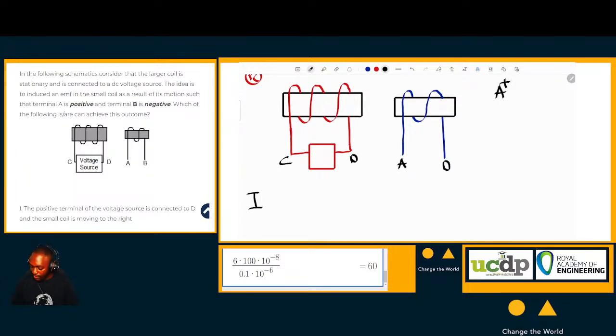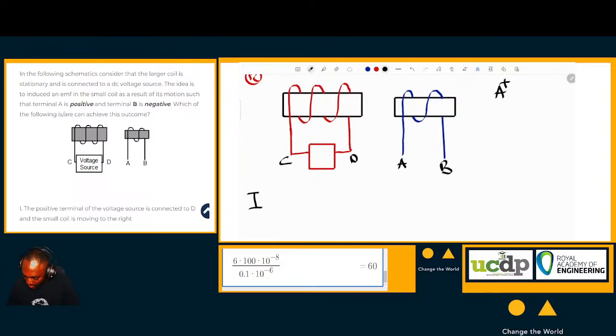So this is what we want to achieve. I made a mistake there. Right, so now this is what we want to achieve. The first scenario says the positive terminal of the voltage source is connected to D and the small coil is moving to the right.